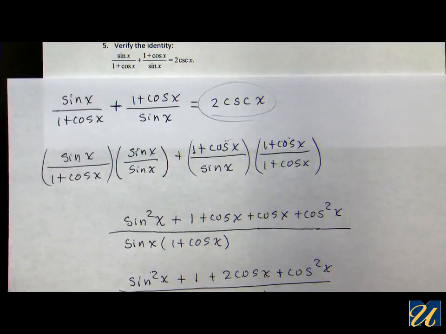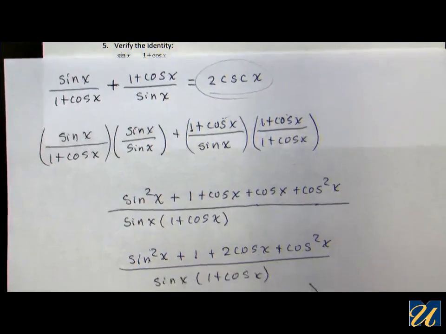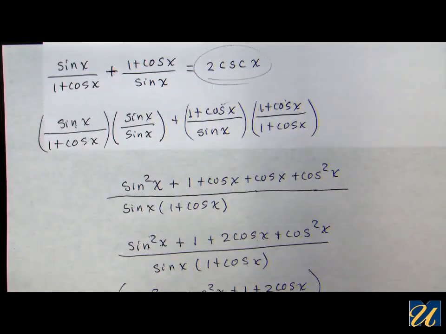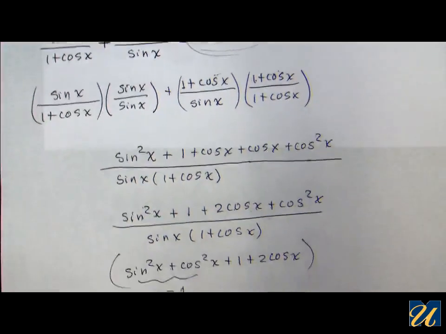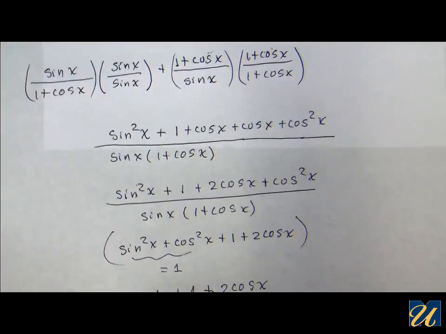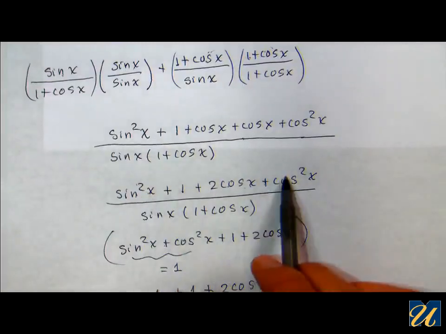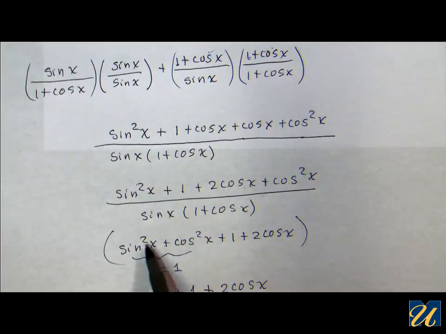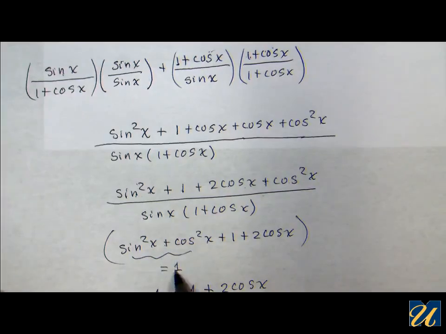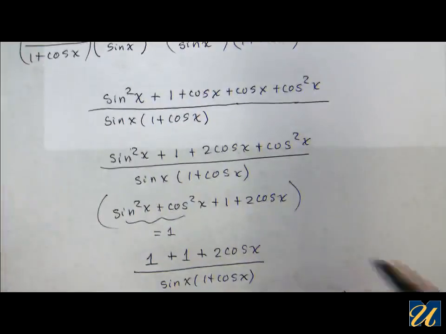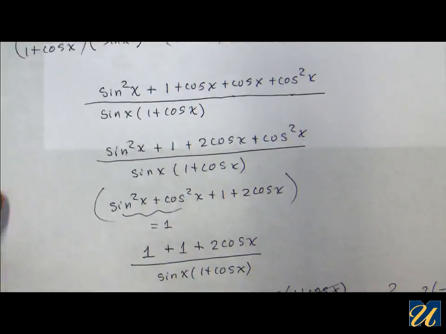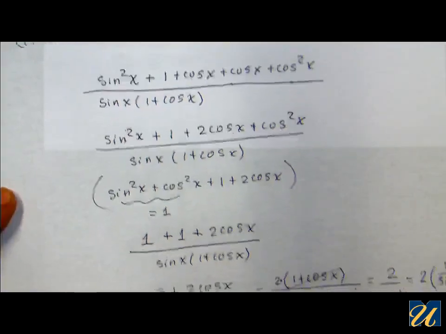Adding together by using a common denominator, adding together both fractions. Multiplying out those fractions, and then realizing that we can rearrange that a little bit. Don't have to rearrange it. I'm rearranging it just to show that that is the Pythagorean to be 1. Little addition right there, 1 and 1 is 2. Another algebraic move there, factoring out the 2's.